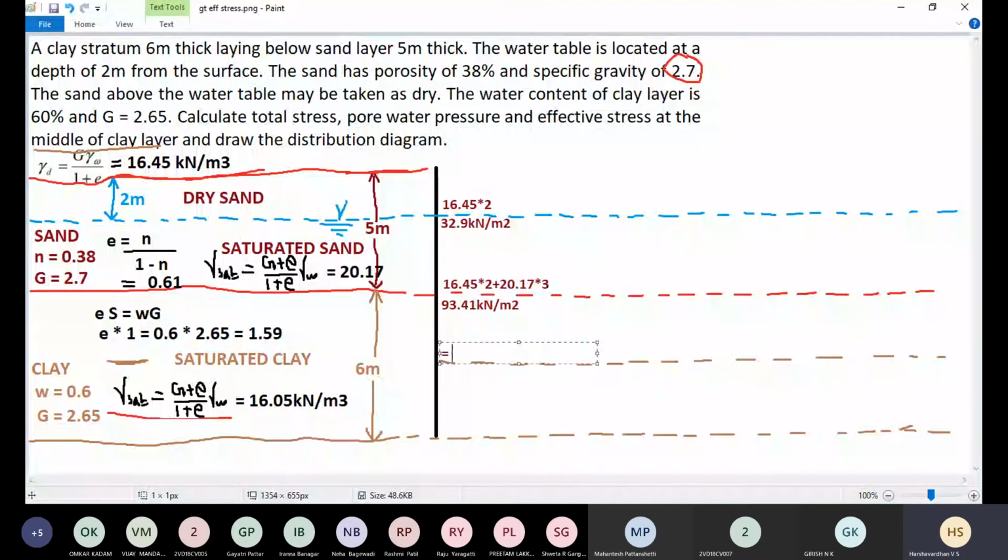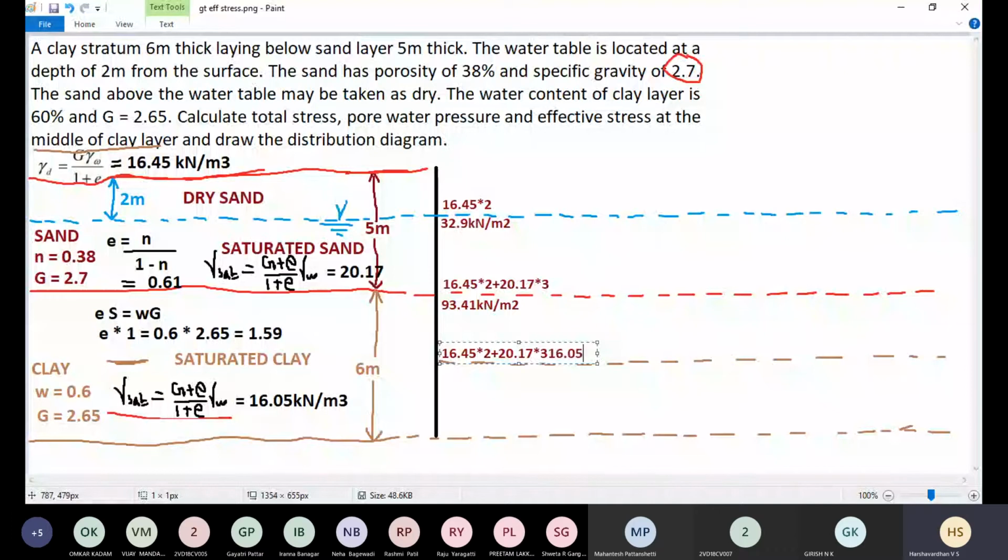Next, we have to calculate the total pressure at the center of the clay layer. All of you are getting the same answers, right? At the center of the clay layer, we have 2 meter dry sand on top, plus 3 meter saturated sand, 20.17 into 3, and above the middle of the clay layer you have 3 meter of saturated clay.